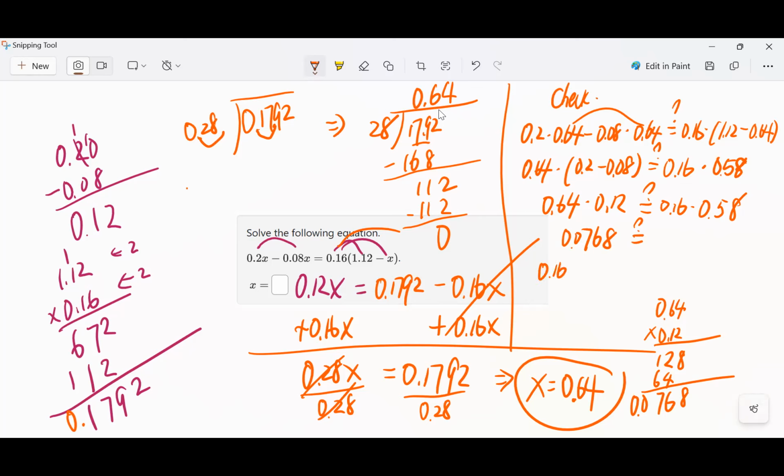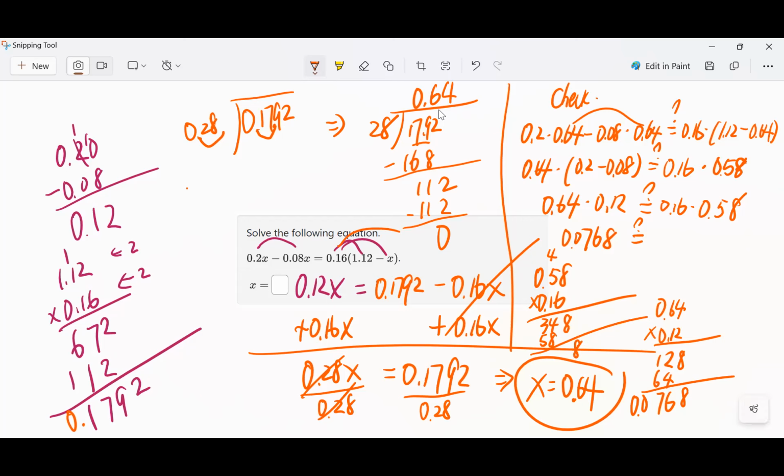On the right, we multiply 0.16 times, let me do 0.58 first, it's slightly easier. 6 times 8, 48. 6 times 5, 30, adding 4, 34. 1 times 8 is 8. 1 times 5 is 5.